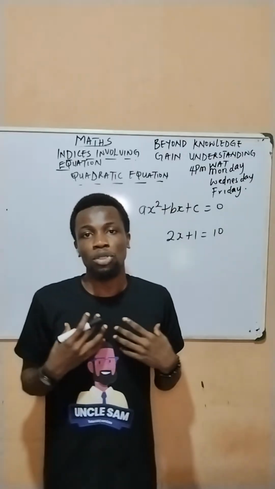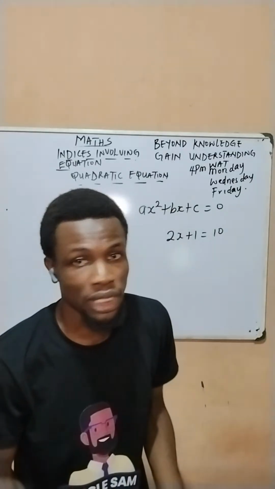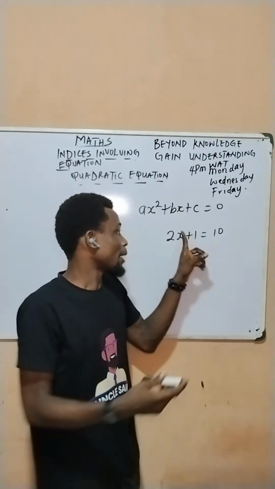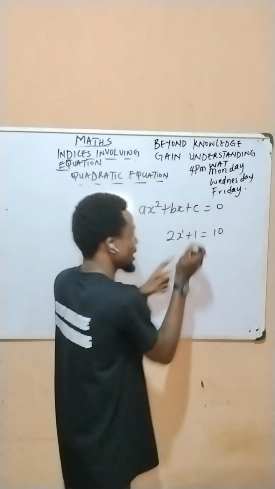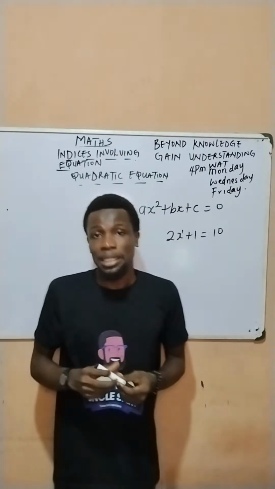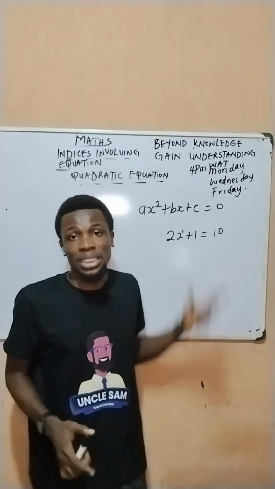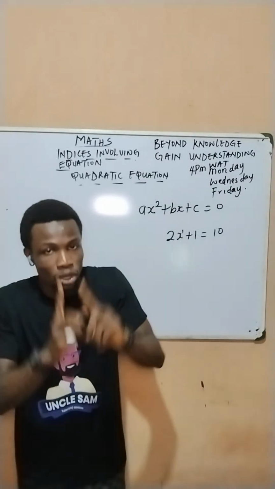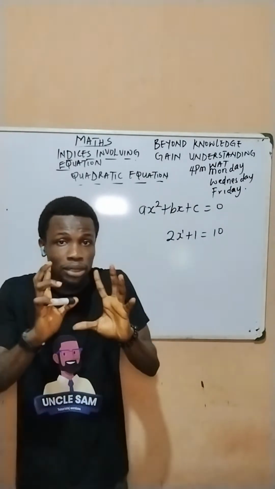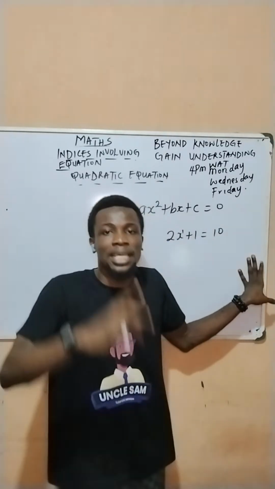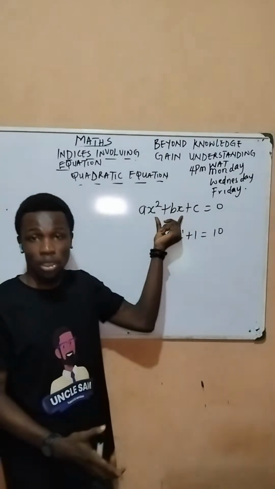And indices helps us to bring that into play, by telling us that this x here actually has a power, and that power is 1. So the x becomes the base, and the power is now 1. So for this given expression, which is a linear equation, it is only one numerical value that is able to satisfy it. It is not the same for a quadratic equation.